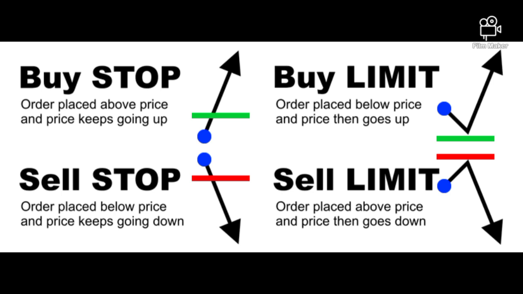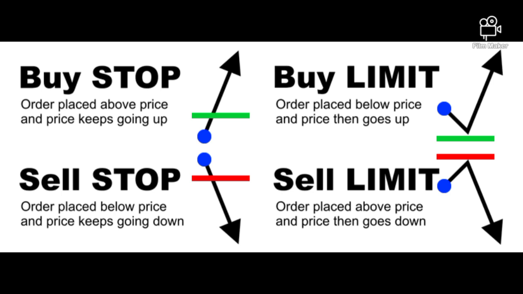If you place a buy limit order, the trade will be triggered once price goes below your specified price. Alternatively, if you place a sell limit order, the trade will be triggered once price goes above your specified price. So that is it for limit orders.